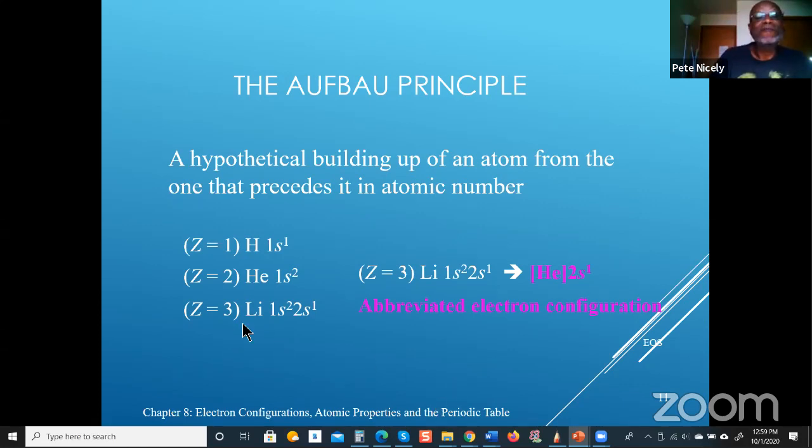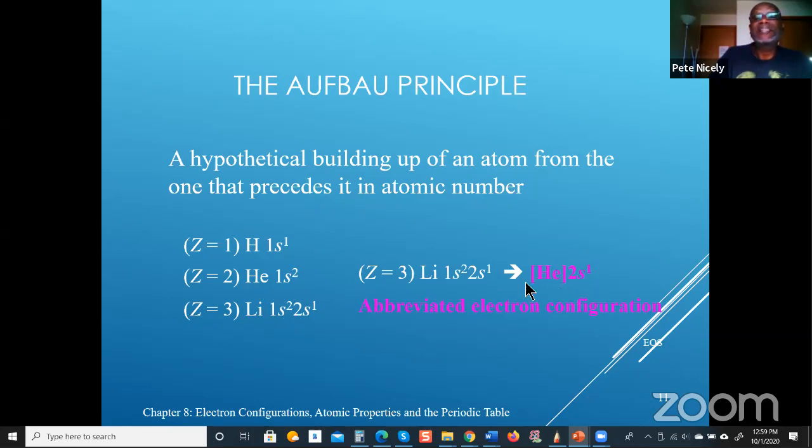So in this case, if we want to write down the abbreviated version of this configuration, we go to the periodic table and we look for the group 8 element that comes before lithium, and that would be helium. In the case of helium, as we saw here, the electronic configuration is 1s2, which is a part of the electronic configuration of lithium. So to get the abbreviated version, what you do is replace the 1s2 with the symbol of helium within parentheses.